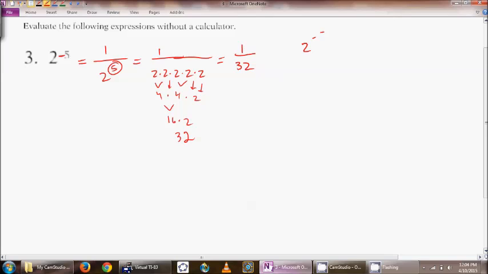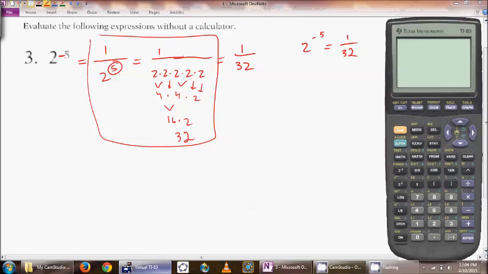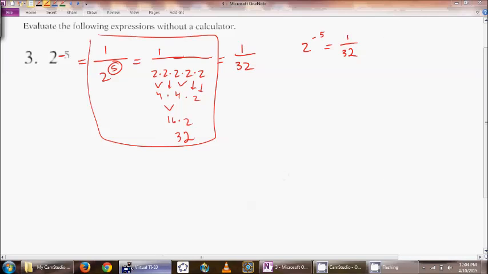Okay, 2 raised to the negative 5th is 1/32. But I suggest you expand this out, or at least know what you're doing, and then fill in the blanks on the calculator, okay? But they said no calculator.